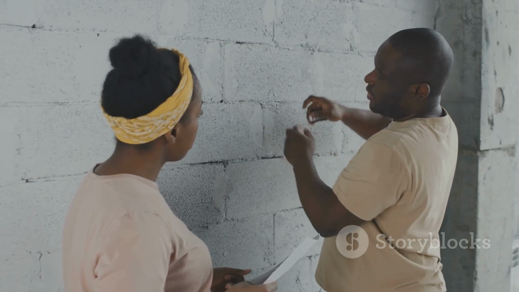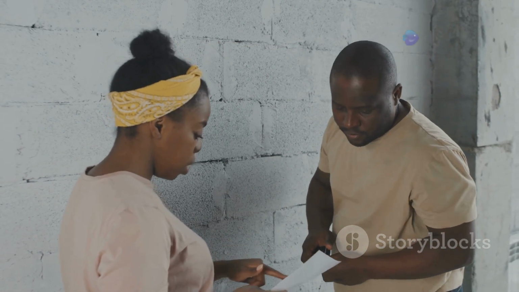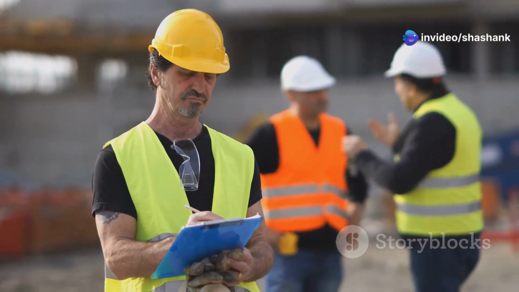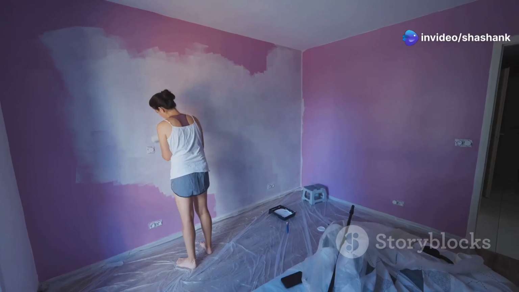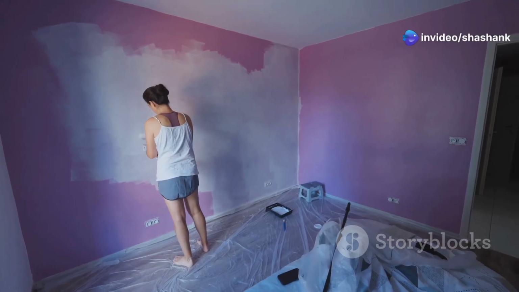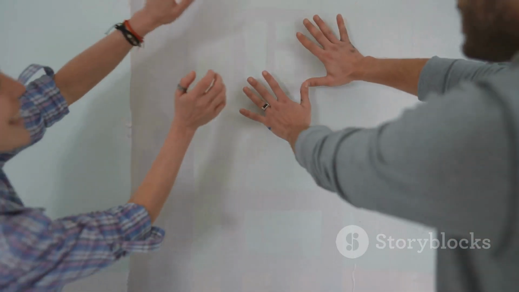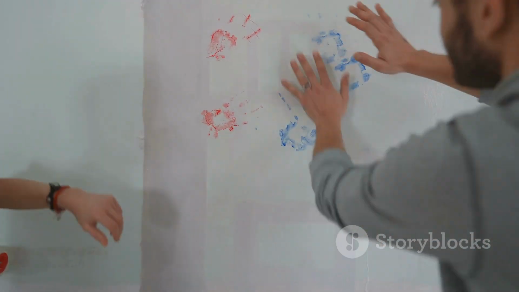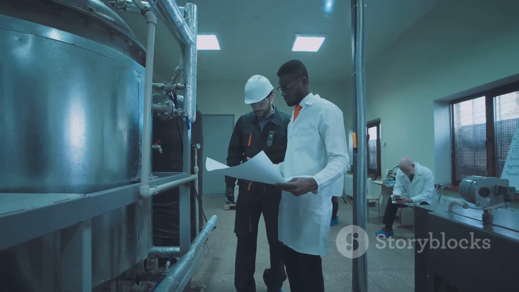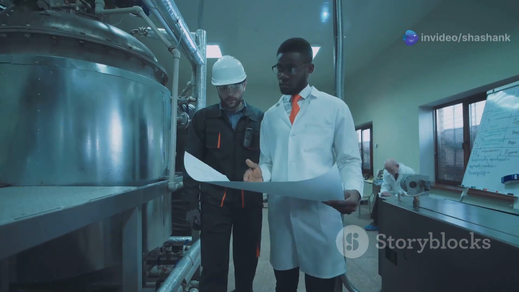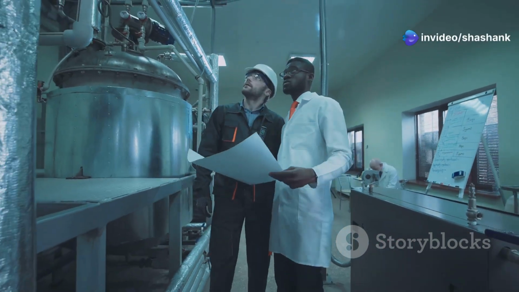Surface area and volume are not just abstract mathematical concepts, they have numerous real-world applications. Let's explore a few examples. Imagine painting your room. Knowing the surface area of the walls helps you determine the amount of paint required. Similarly, when designing a water tank, understanding volume ensures it holds the desired amount of water.